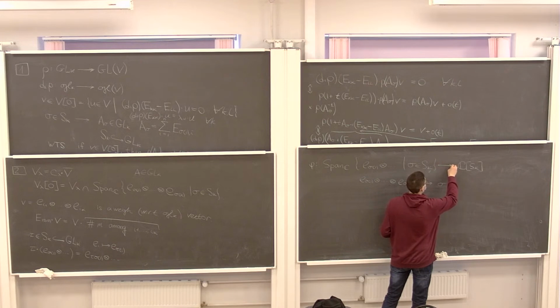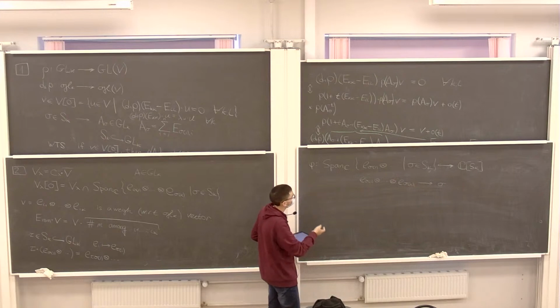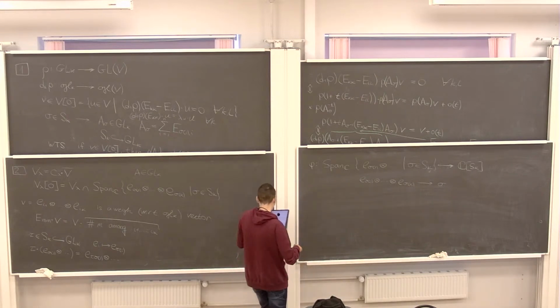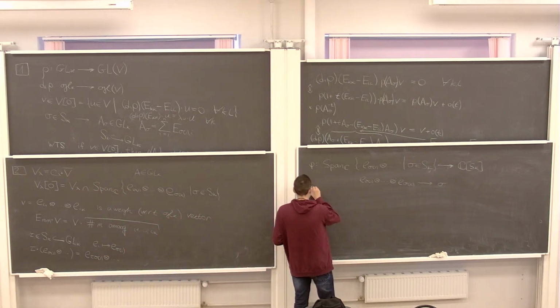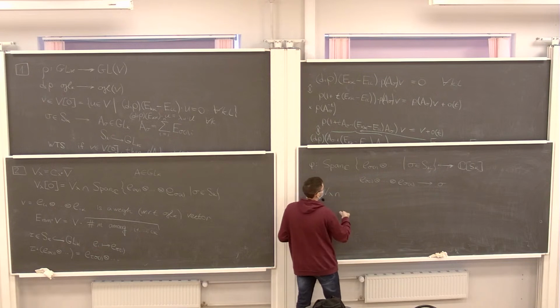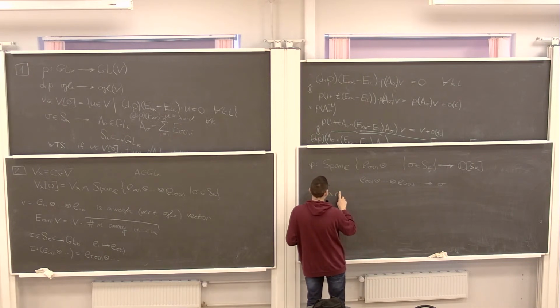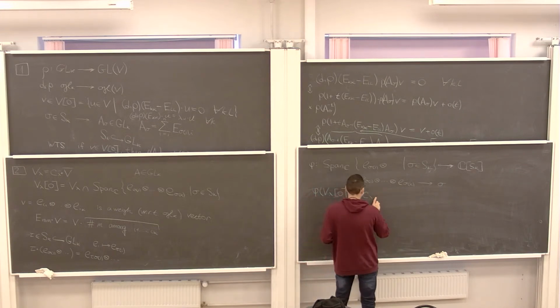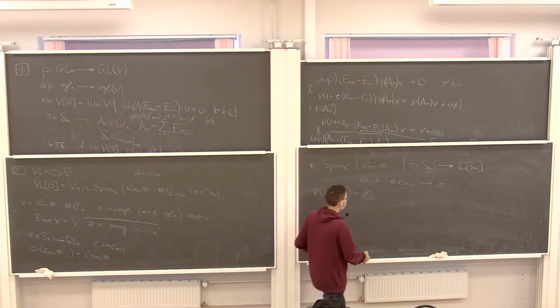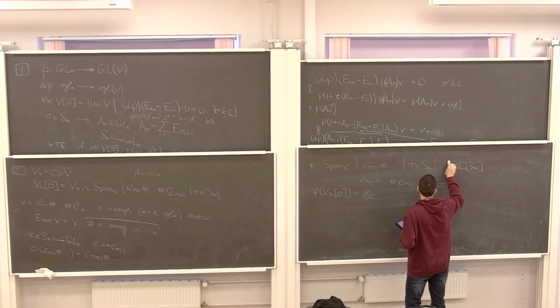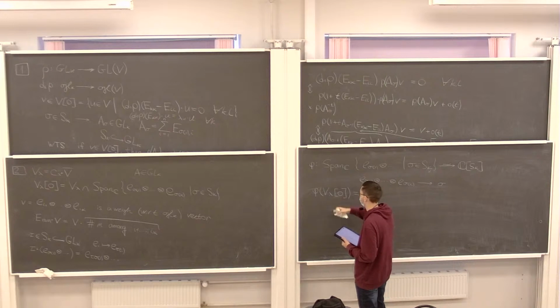Of course, it is an injection, and I would like to understand what is the image of this. It is simply V lambda intersected with this. Yes, it is an isomorphism. And I would like to understand what is the image of this.